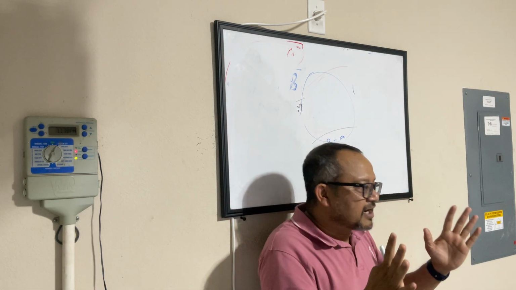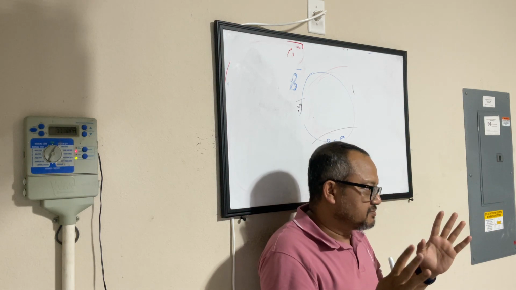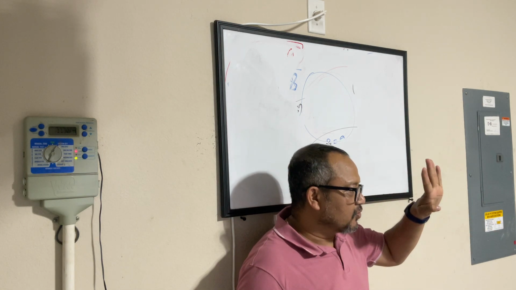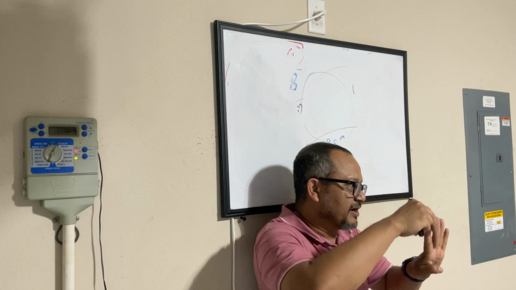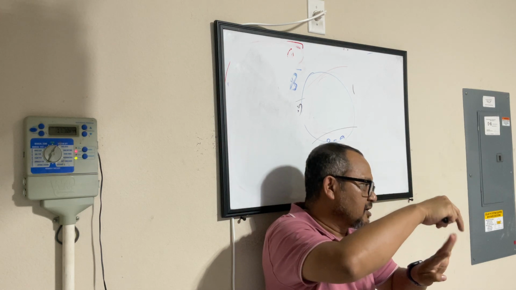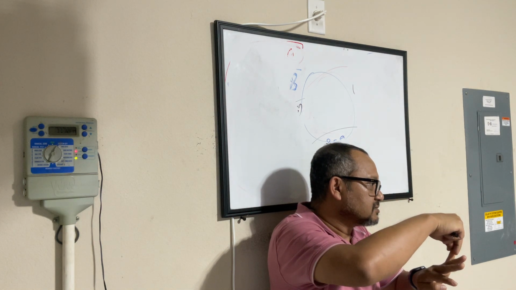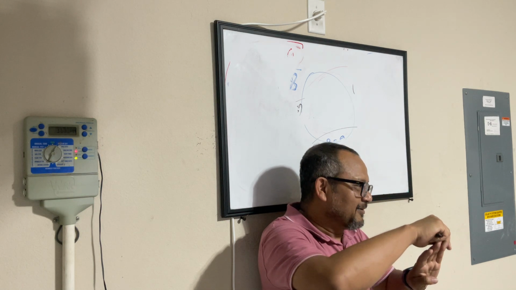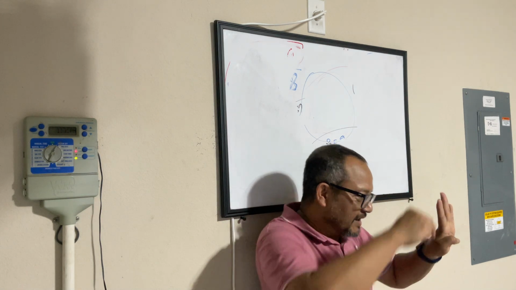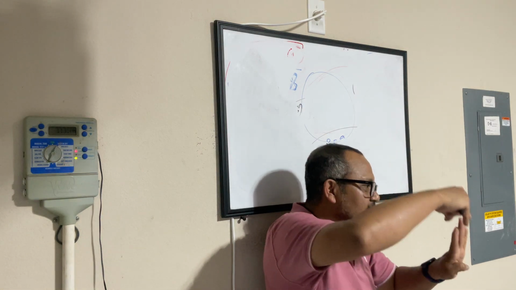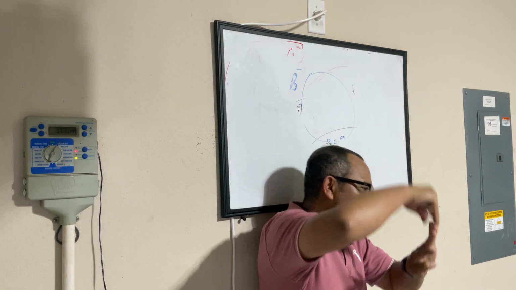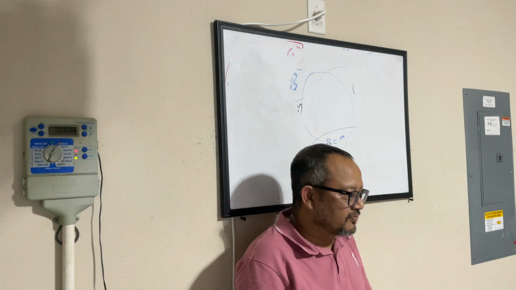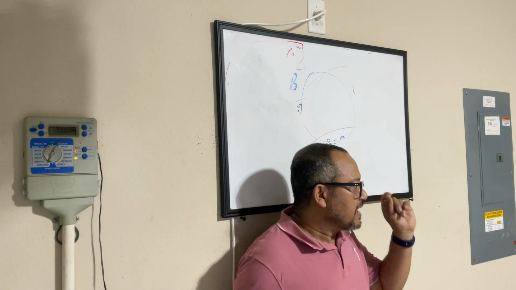It says standard pack of cards, meaning it has 4 varieties: spade, diamond, heart, and club. So that means we have 4 aces, 4 kings, 4 twos, 4 threes, in all the 4 varieties. Everybody with me?